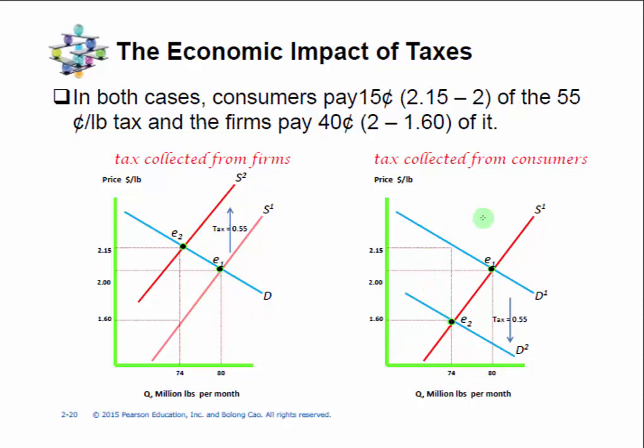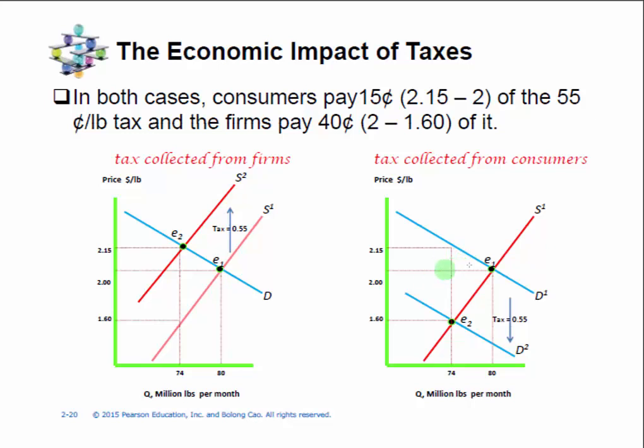In the picture on the right, the consumers actually pay out of pocket for this 55 cents tax. And what happens basically, the sellers mark the price at 160. And when the consumers pay, they pay 160 and see another 55 cents on their receipt for the tax. So effectively, the consumer is paying a total of $2.15 per unit.